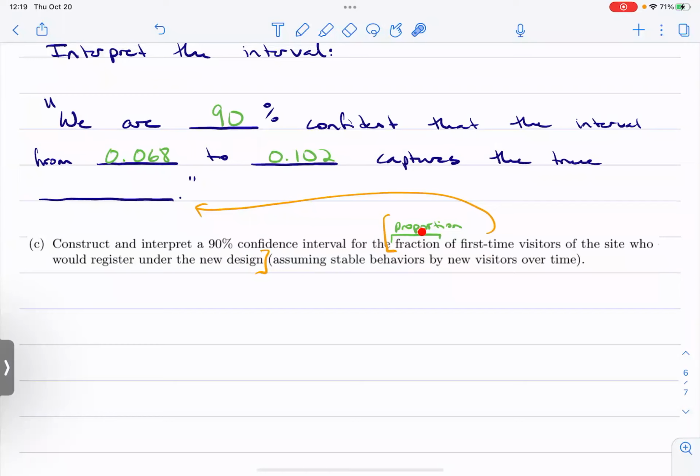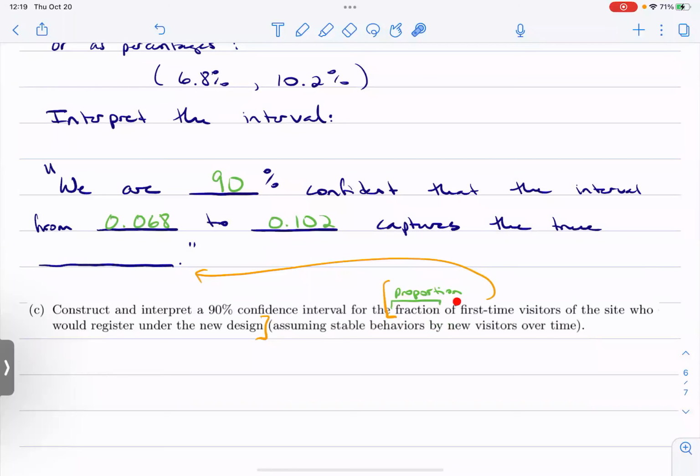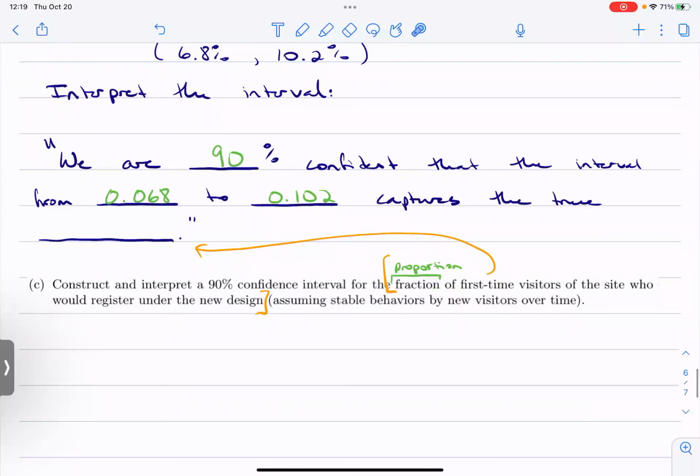Here we have the proportion, but if you reported the 6.8% and the 10.2%, then you would change this to percent or percentage of first-time visitors of the site who would register under the new design. Riddle me this. Wouldn't it be more interesting to know what the difference was between the old design and the new design? Sounds like 2 sample proportions to me, which we will be able to do.